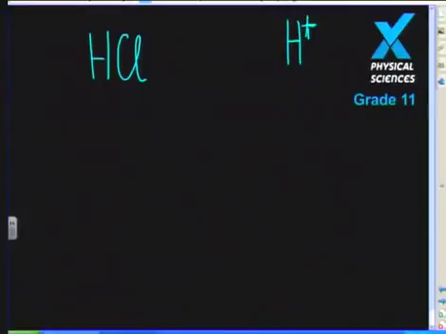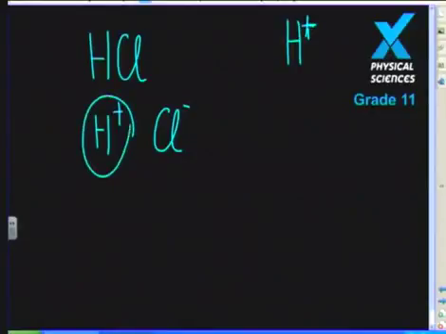So if we consider something like hydrochloric acid, HCl, its ions are actually H plus and Cl minus from whole valency when we make compounds. So if I take the H plus away, all that we're left with is the negative, which is why they become negative.